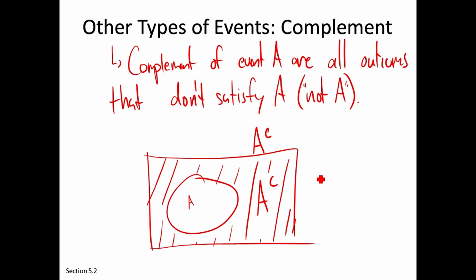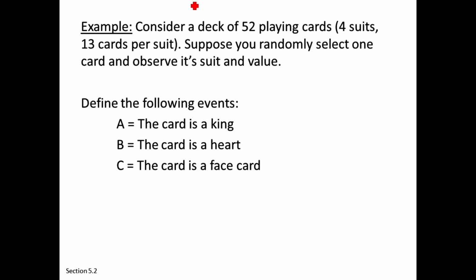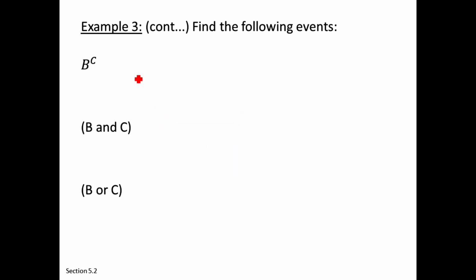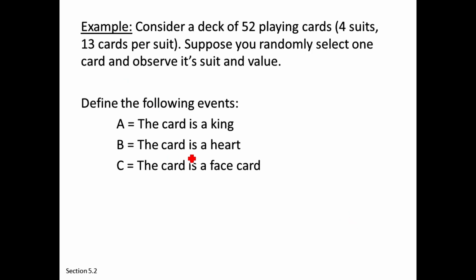All right. So let's look at an example here, calculating. Let's go back to the example we just used. So everything's still defined the same way. So A, B, and C, you got either a king, a heart, or a face card. What if I wanted to find B complement? What would B complement be in words?